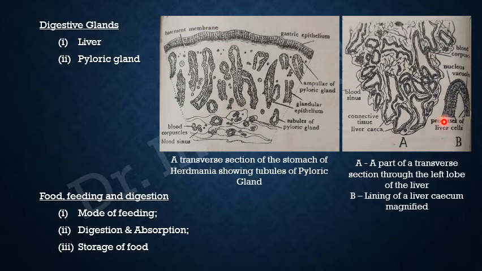The ceca are arranged in small radial groups and are embedded in a matrix of connective tissue containing numerous blood sinuses. You can see the connective tissue between all the ceca, and these are the blood sinuses. Blood sinuses are spaces in which blood is filled.